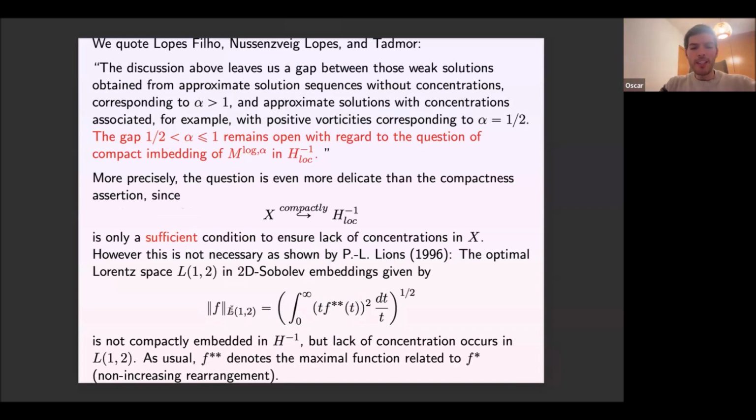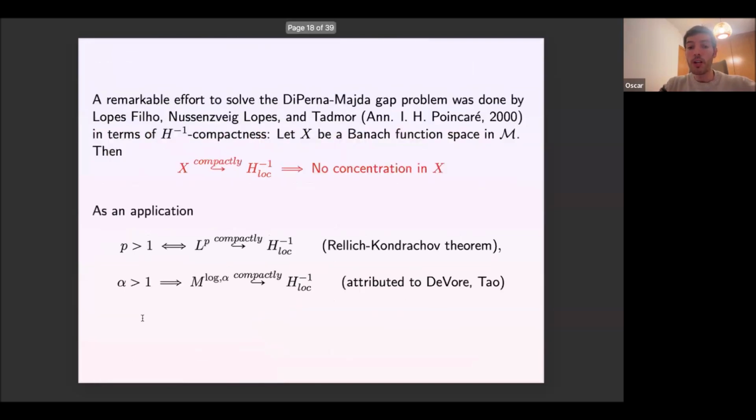But it is well known that this space is the optimal rearrangement invariant space that is embedded into H^-1. However, this embedding, going from Lorentz to H^-1, fails to be compact. Despite this fact, Lions is able to show the lack of concentration in L^{1,2}. So this shows that this result is not a characterization.